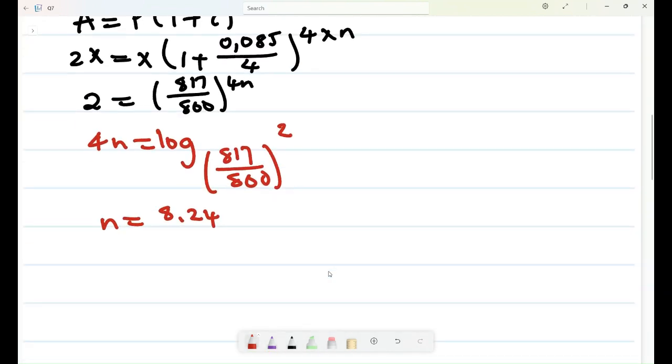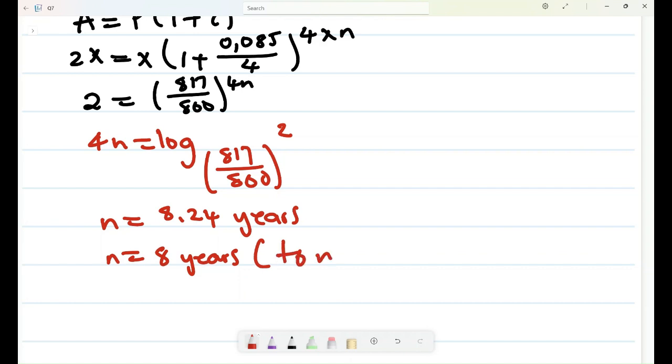So you're gonna say n is equal to 8.24 years, unless they told you to the nearest whole number, to the nearest year. To the nearest year, n is equal to 8 years. So your answer there is this one.